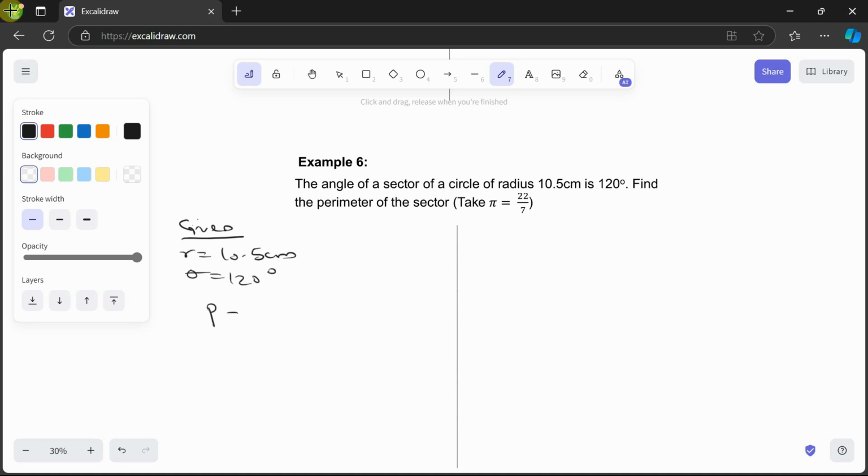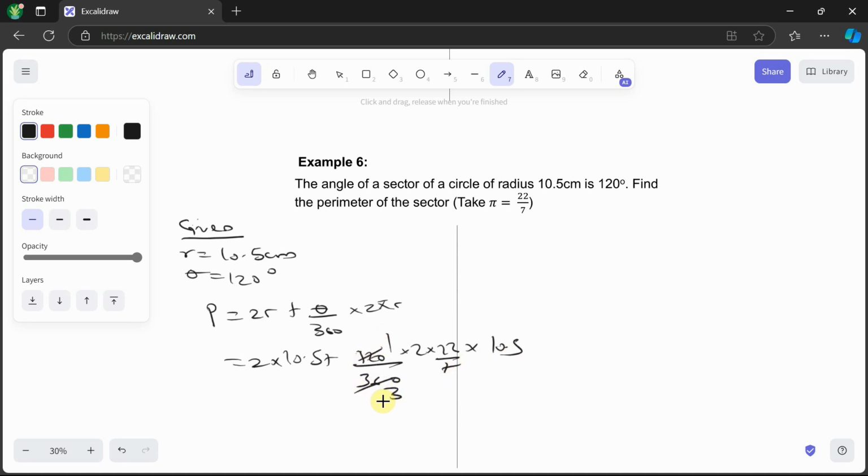So the perimeter P is equal to 2r plus theta over 360 times 2 pi r. So let's substitute. That will be 2 times 10.5 plus 120 over 360 times 2 times 22 over 7 times r, which is 10.5. So this will cancel this. This will be 3. This will cancel this. This will be 3.5. So we're left with 2 times 10.5, which will give us 21, plus 2 times 22.